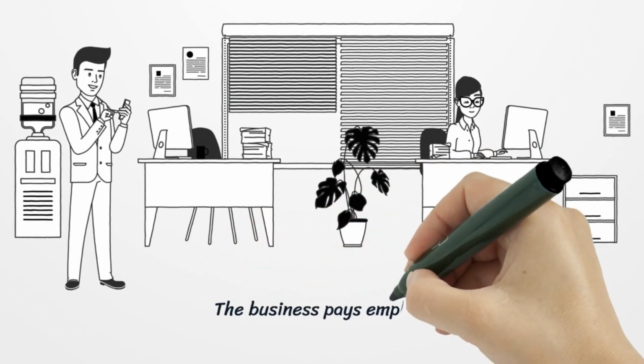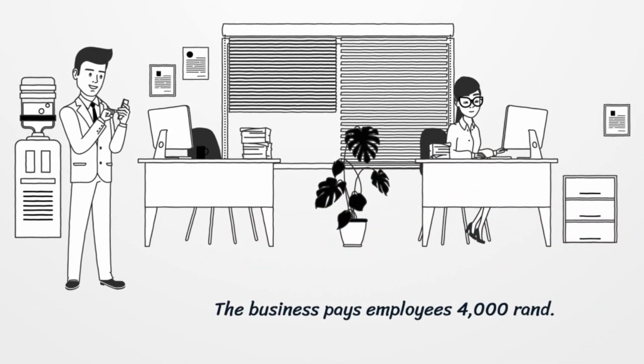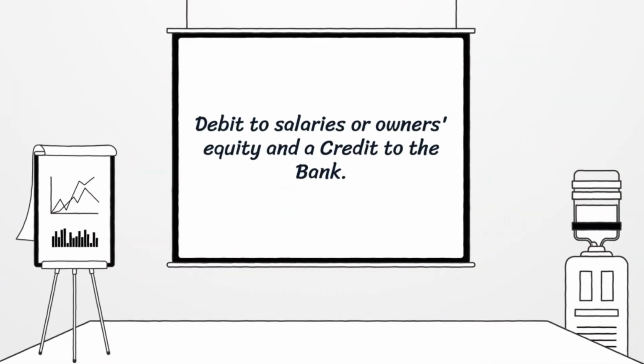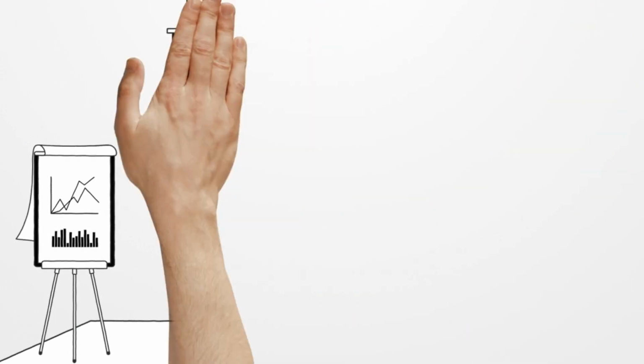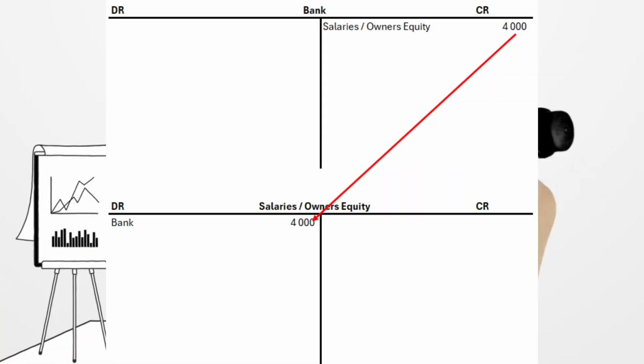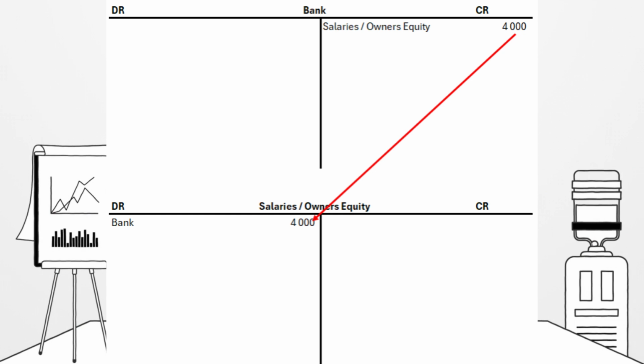Then, the business pays employees 4,000 Rand. This is recorded as a debit to salaries or owner's equity and a credit to the bank. See the accounting equation impact. See the general ledger effect.